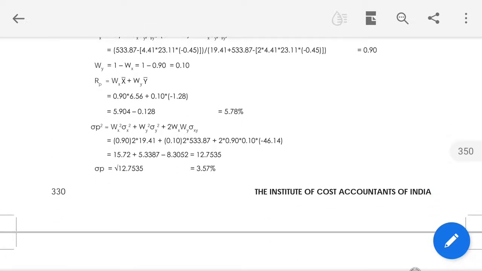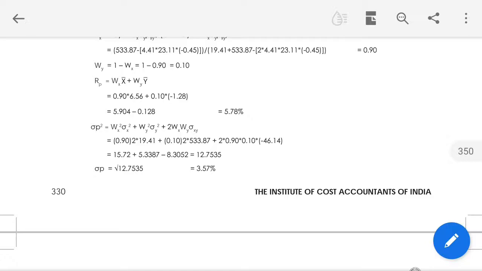Since the weights are now changing, 90 to 10, the expected return will definitely change. So the return on portfolio Rp is equal to weight x into mean x plus weight y into mean y, that is 0.90 into 6.56 plus 0.10 into minus 1.28.